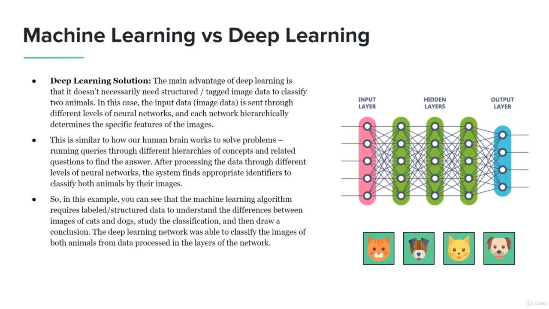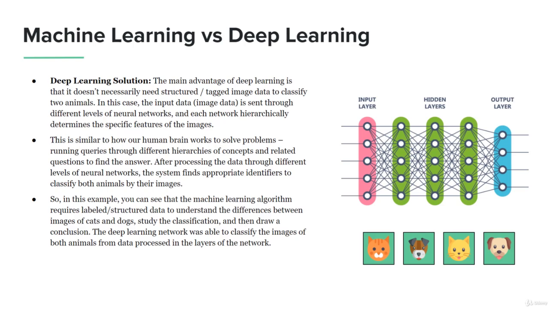The deep learning network was able to classify the images of both animals from the data processed in the layers of the network. So that's the biggest difference there. The machine learning algorithm requires the data to be labeled and structured to understand the differences between the cat and the dog, while deep learning is able to classify the images based on the data that is processed in the layers of the network.